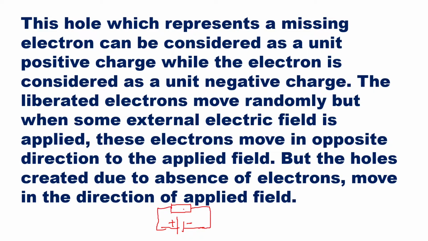If that material is having electrons, electrons will be attracted towards the positive terminal and they will move like this. So this will be the direction of movement of electrons. If there are holes, then holes will be attracted towards the negative terminal and they will move like this.